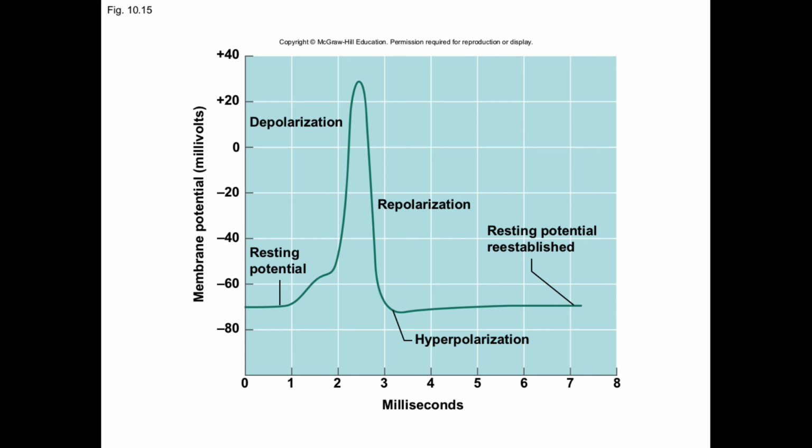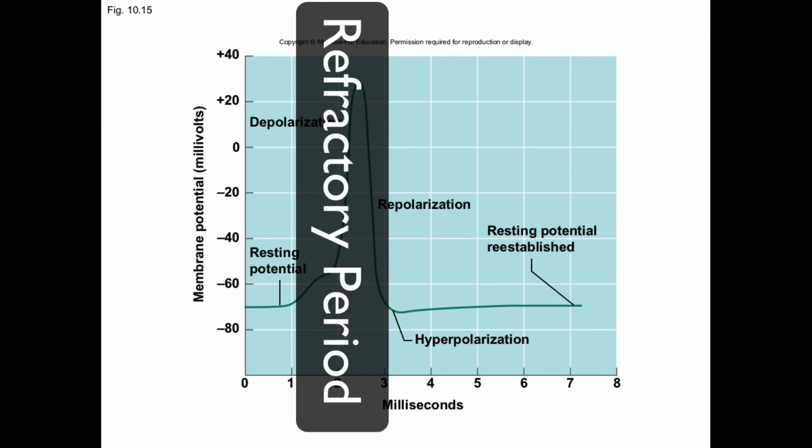Now let's get to those refractory periods. So there are two types, the absolute refractory period and the relative refractory period. The absolute refractory period is from the opened sodium channels until those sodium channels begin to reset to their original resting state. So it ensures each action potential is a separate, all or none, one-way transmission.